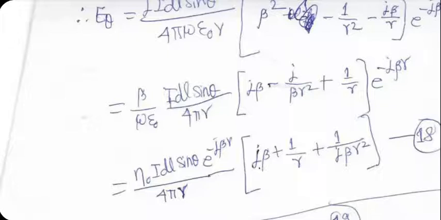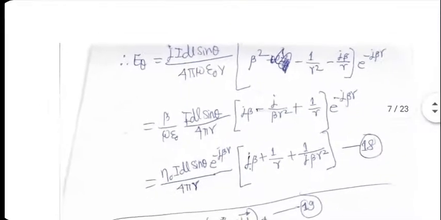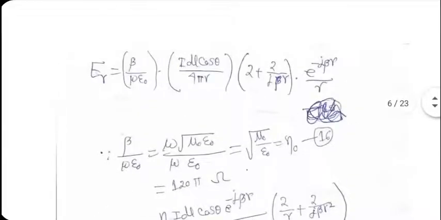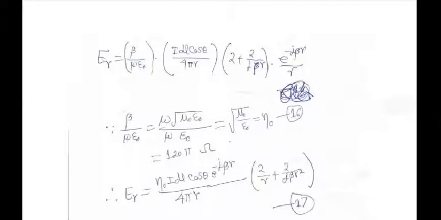What I'm trying to tell you is that in far field conditions, when you are sufficiently away from the antenna, E theta and H phi will be the only two components that would survive. That would still be significantly large. ER can be ignored for far field conditions, at least in this particular case, because there is no 1 upon R term in ER.